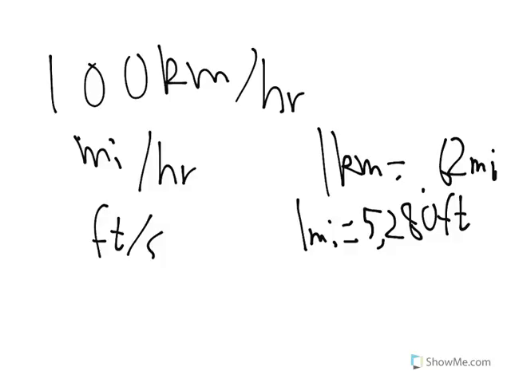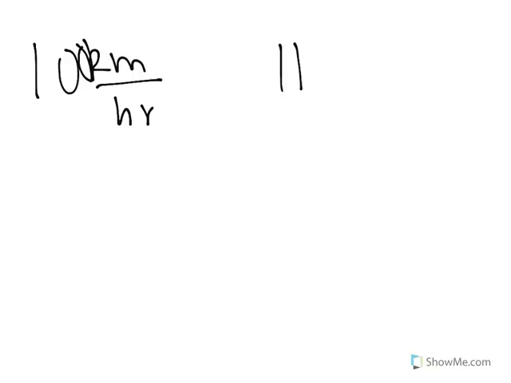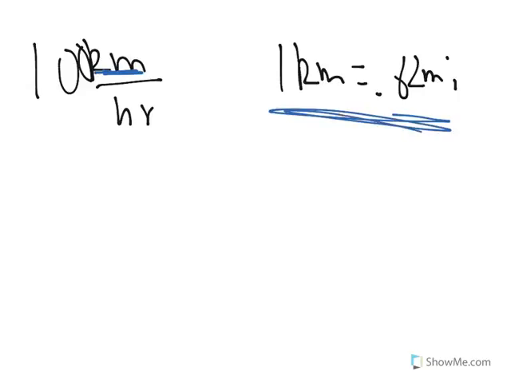Let's see what we have. Let's do kilometers per hour to miles per hour first. 100 kilometers per hour. We need to multiply by some conversion factor. 1 kilometer equals 0.62 miles. And kilometers are on the top over here, so we want it on the bottom over here.